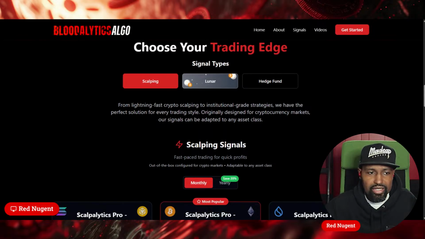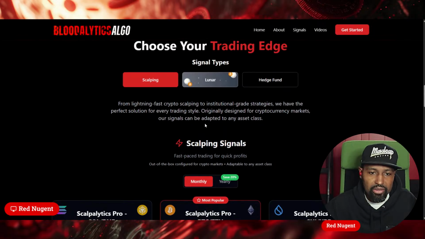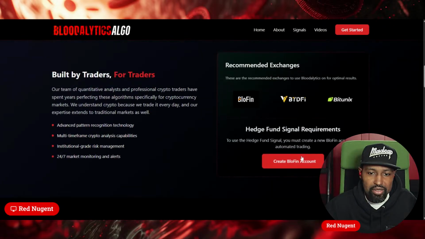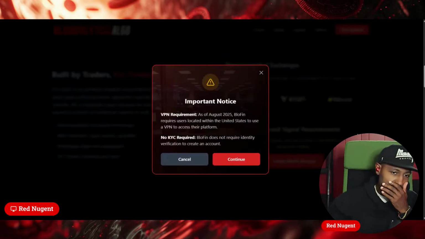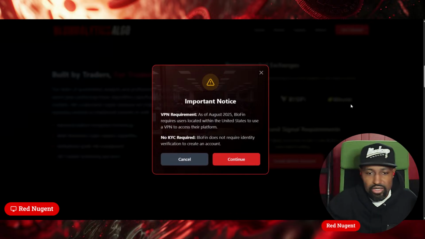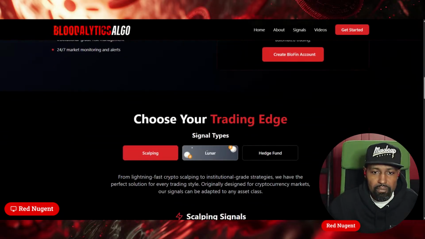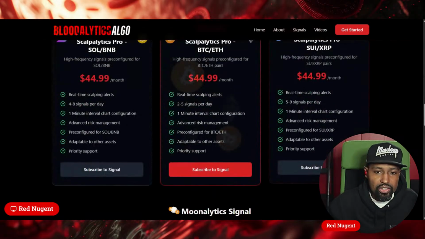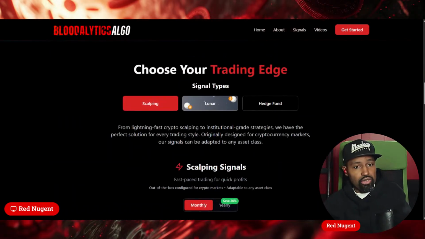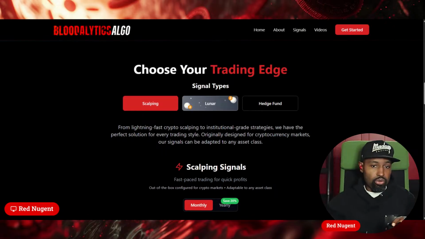Blowfin, you do need a VPN now. I don't know what's going on with that. I'm kind of upset about that, not gonna lie. They have VPN requirements for U.S. citizens. A little annoying, but no KYC, just VPN. So you gotta turn your VPN on to log into your account. Now the algo system trades through API, so you don't have to worry about it.